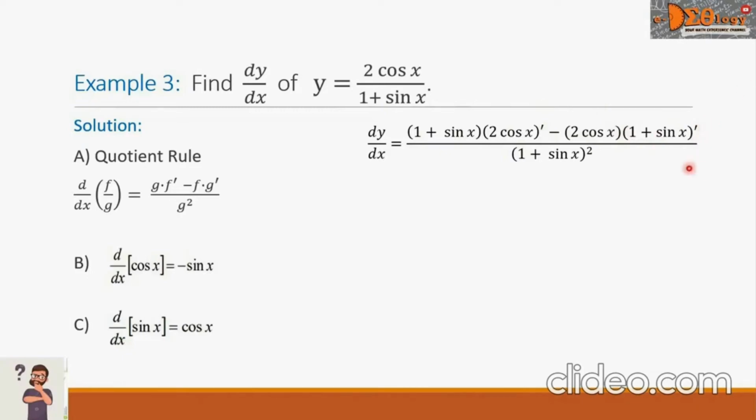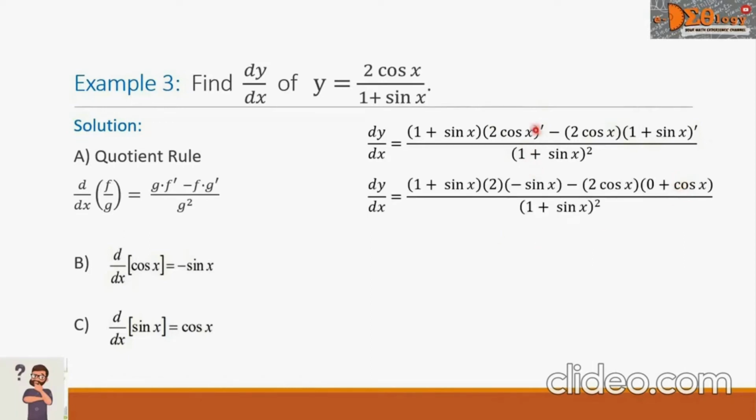Let us now simplify the corresponding derivatives into like this. We will copy everything except that our derivative here of 2 cosine x now becomes, we put the constant outside 2 and then take the derivative of cosine x, and that is this negative sine x. Then this negative 2 cosine x we copy here, then we take the derivative of this binomial.